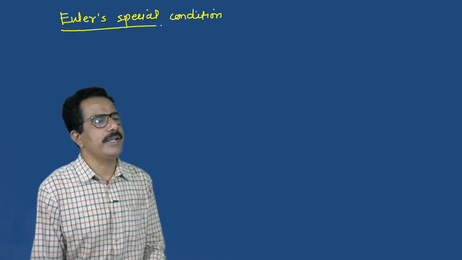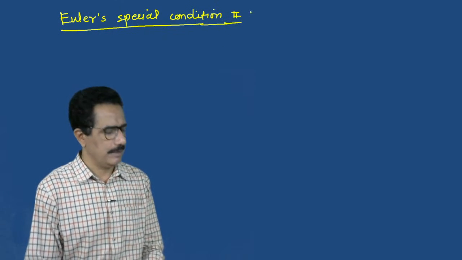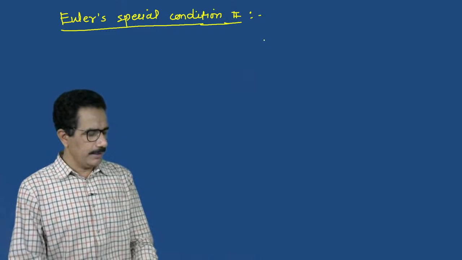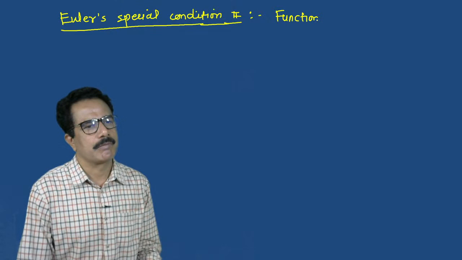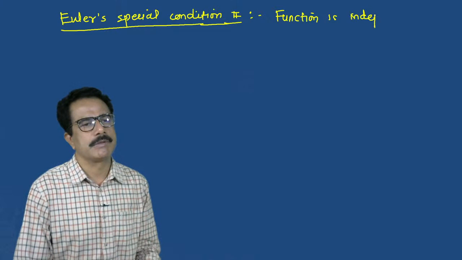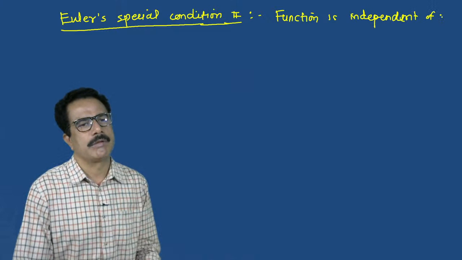And this is the Euler's special condition second. What is that? That is case second: the function is independent of x.